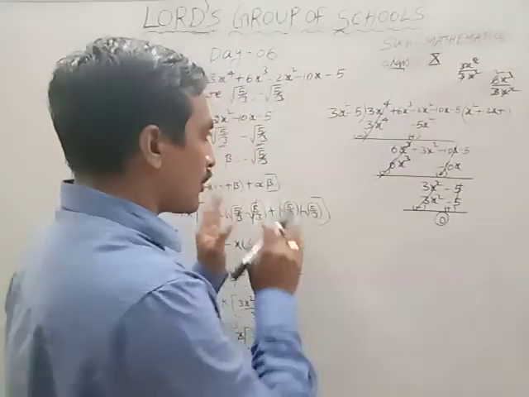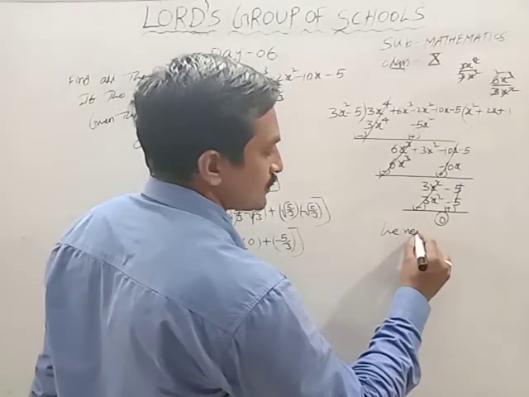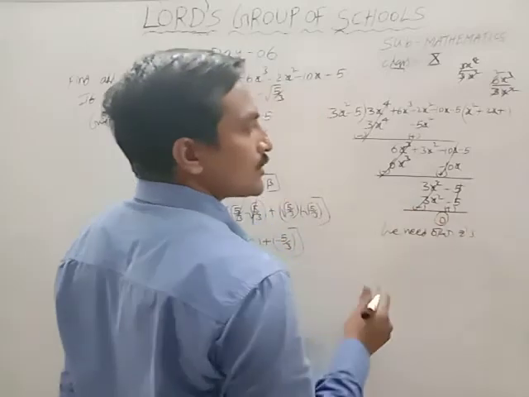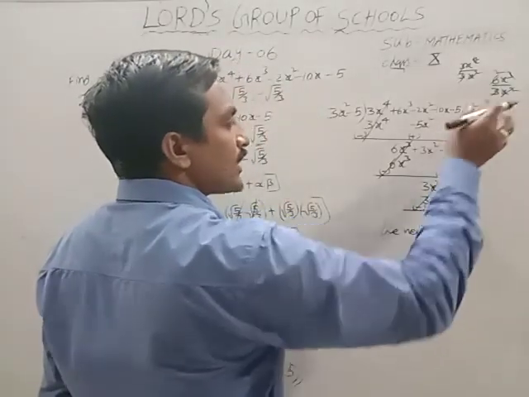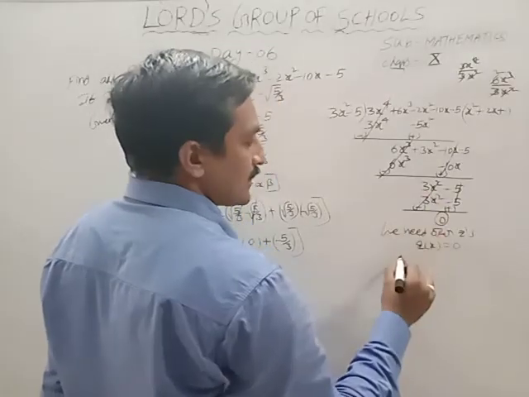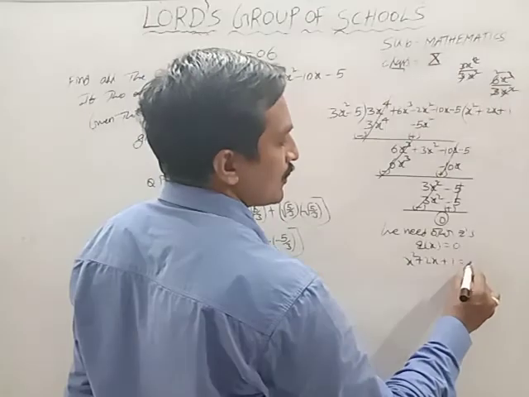Next, according to the problem, we need the other zeros. We need other zeros means, what is the quotient? That quotient will be equal to 0. X square plus 2x plus 1 is equal to 0.